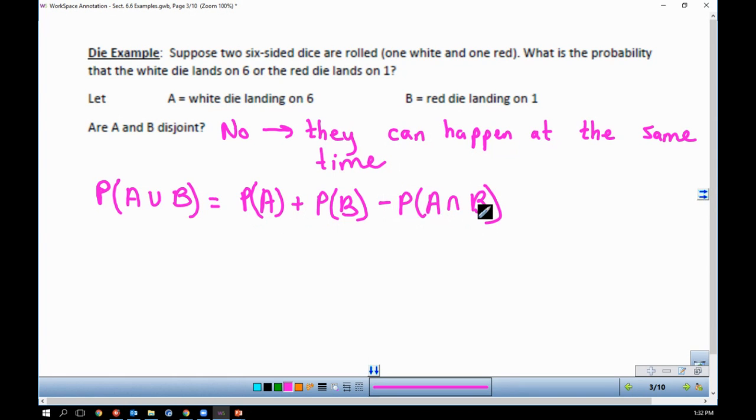Now, this question isn't on here or in your notes, but let me ask you this. Are A and B independent? Yes. So are A and B independent?